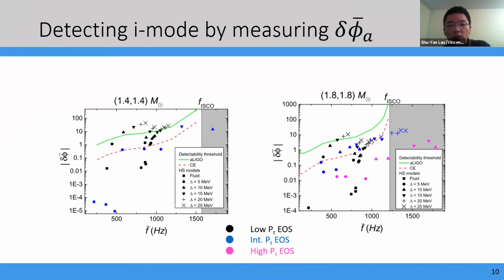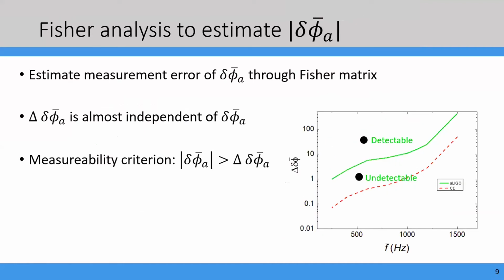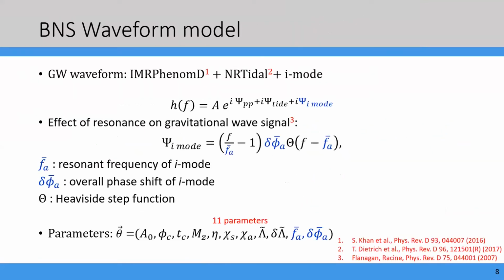What you're speaking about is not a transient. Is it a signal that will be emitted by a single neutron star that is spinning at a certain frequency? Oh no, it is actually a signal that enters the binary neutron star waveform.